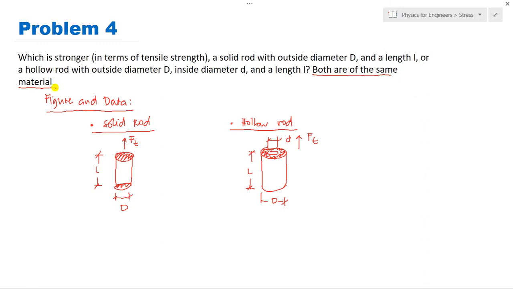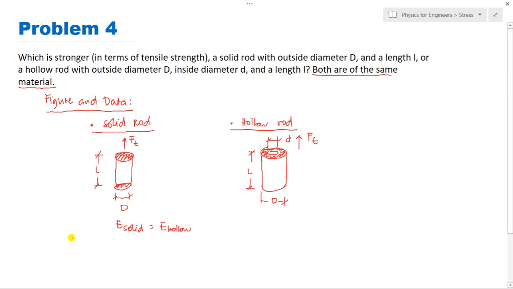If they have the same material composition, what is the value of their modulus of elasticity E? Okay, the same. So therefore, the E of the solid is equal to the modulus of elasticity of the hollow.